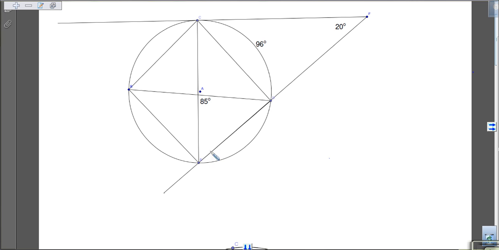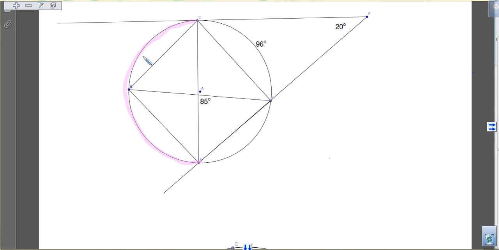The first thing that I want us to look at is the fact that this arc right here is an unknown. Now, there's a lot of ways for me to get to the measure of that arc, but I'm going to choose to use the fact that this angle here creates both this arc and that arc.